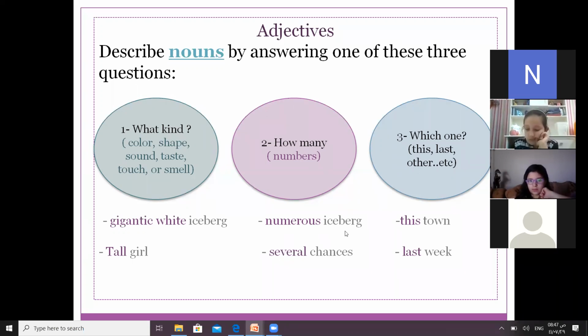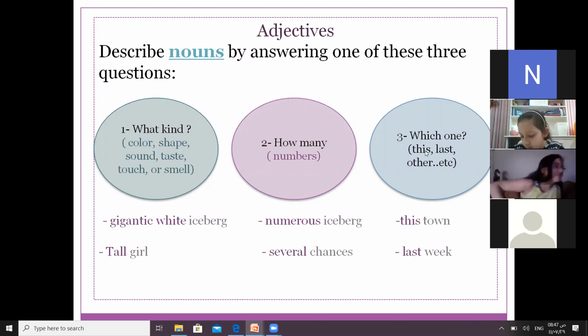Numerous icebergs. Here we have a number, numerous, a lot. Several chances. How many chances? Several. How many icebergs? Numerous.